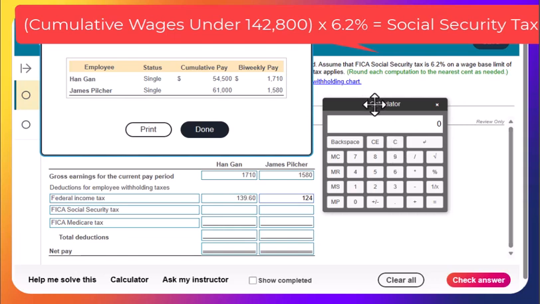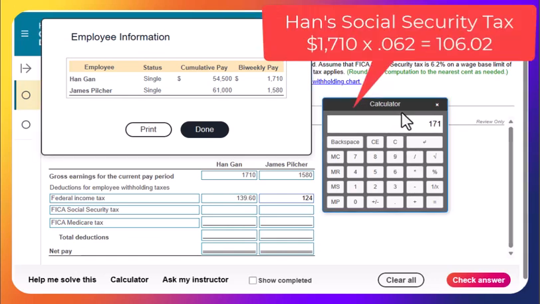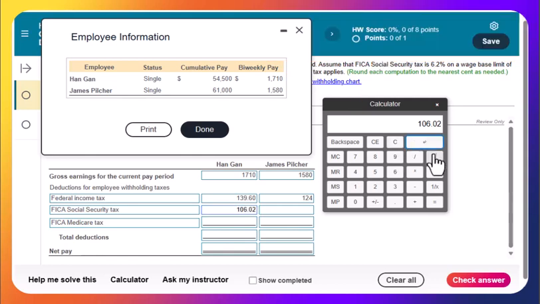So let's go ahead and calculate Han here. So we're going to take 1710, get that in our calculator, and multiply that by 0.062, which is that 6.2%, for 106.02. So we can go ahead and enter that here.